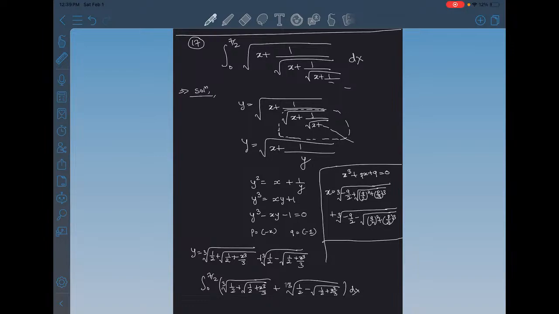Is there any other way? Okay, x is equal to y cubed by y minus 1.